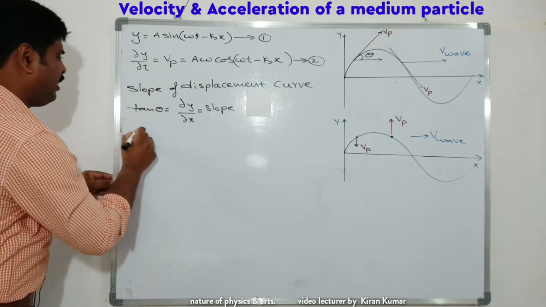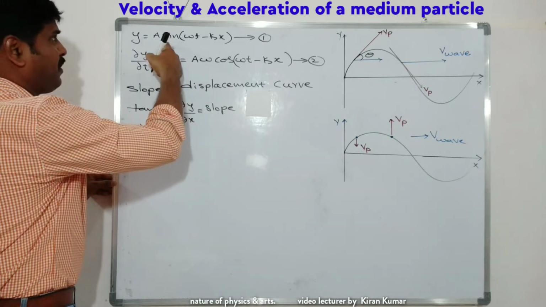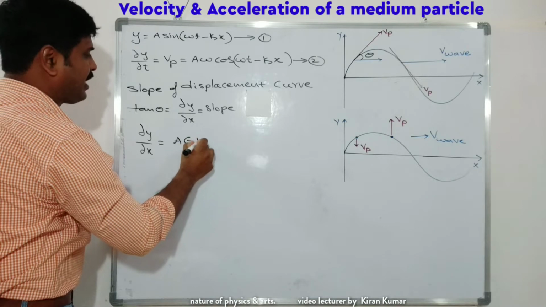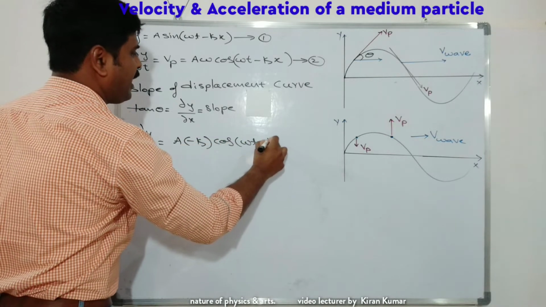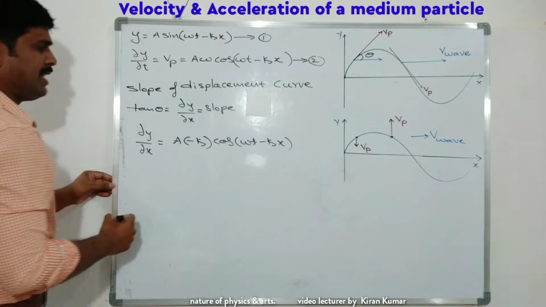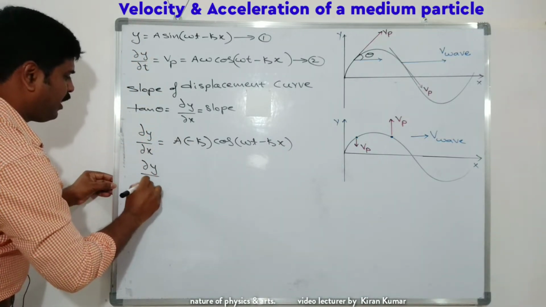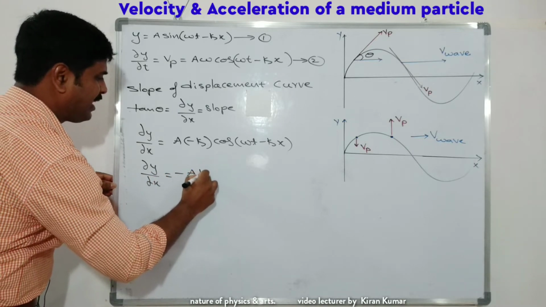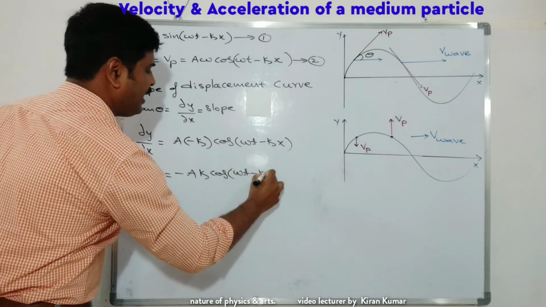From equation 1, ∂y/∂x = −ak cos(ωt − kx).